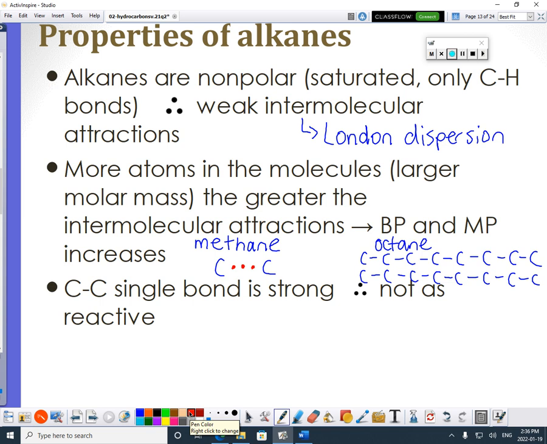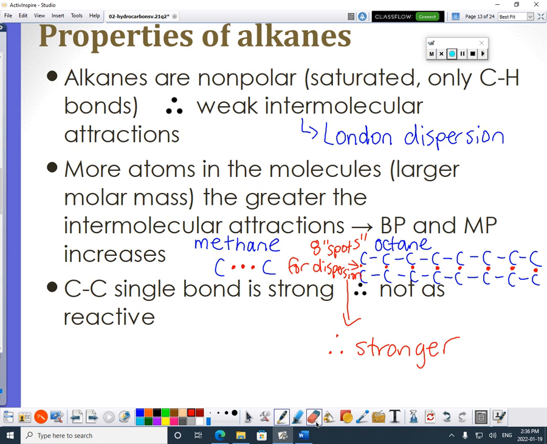Do you pump gasoline into your car? No, it's a liquid, right? And this is the reason why. Saying 8 spots for dispersion is really ridiculous, but we can just keep it really simple. 8 spots for dispersion forces, they're stronger.